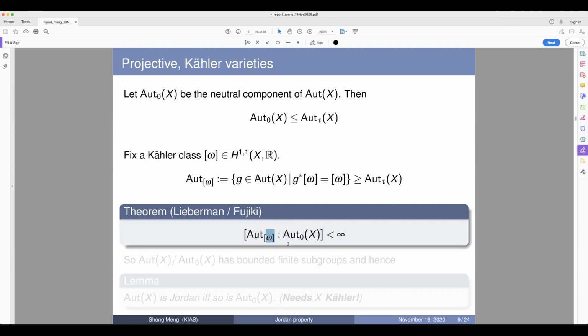So do you expect that by taking an equivariant Kähler resolution of X, you can deduce the Fujiki-Lieberman result from the Fujiki-Lieberman result upstairs? I think they are somehow equivalent, but I don't have a rigorous proof.